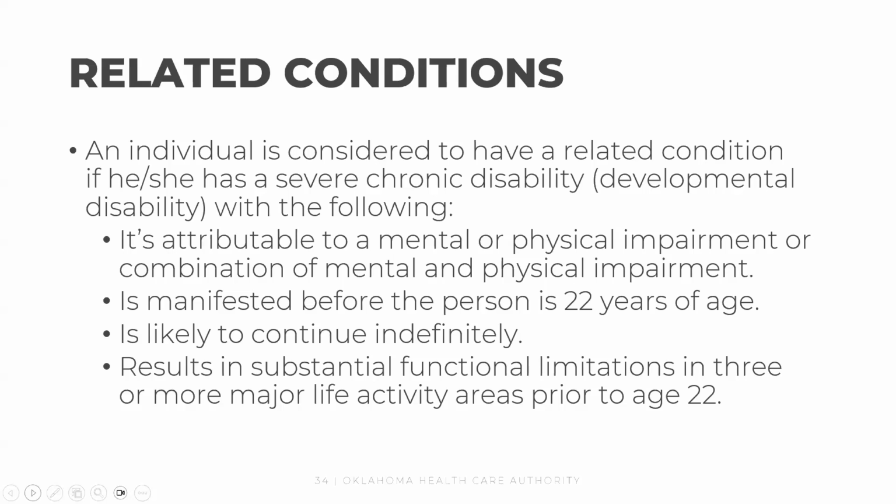So different than the ID, which is manifesting prior to age 18, this would manifest prior to age 22. And is it likely to continue indefinitely? So is it something that they're not going to recover from in 6 months with some skilled therapy? Results in substantial functional limitations in three or more major life activity areas prior to the age of 22.